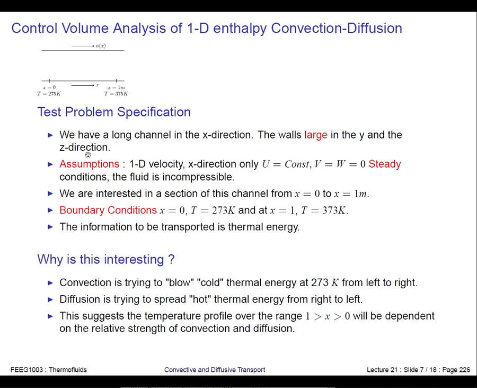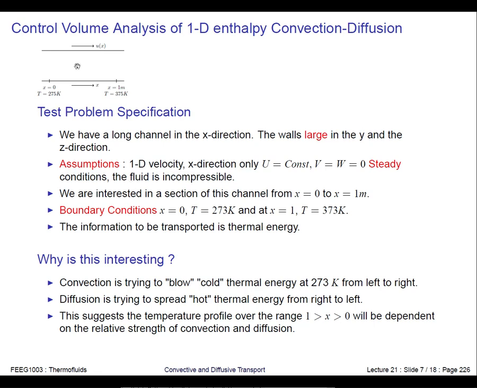So we have a long channel in the x direction, and these two plates above and below are large, and the velocity is constant. There's no viscosity here. So we're going to assume there's a uniform velocity across here, and it's one-dimensional and steady, and the density doesn't change.